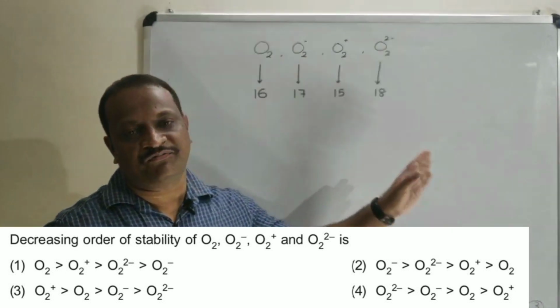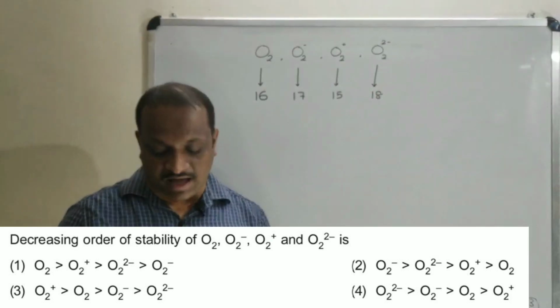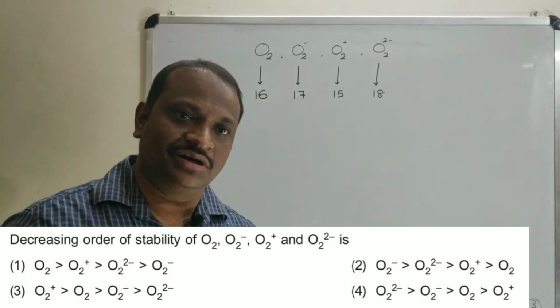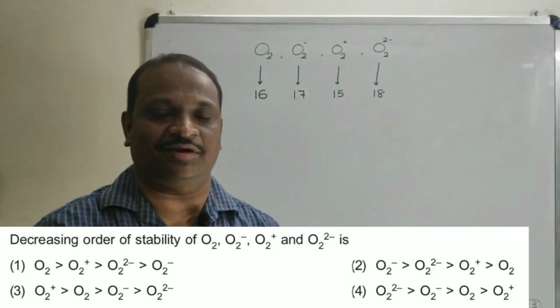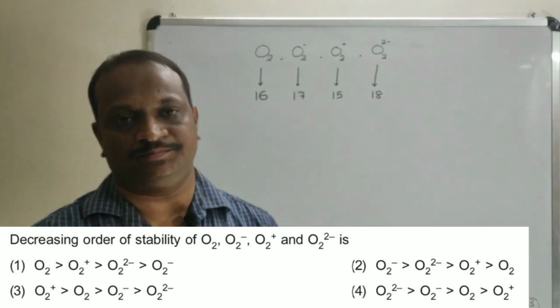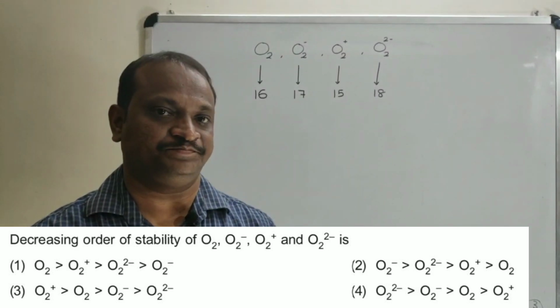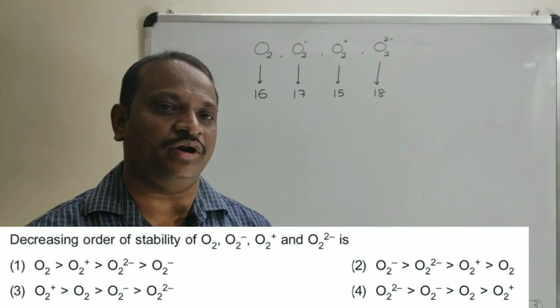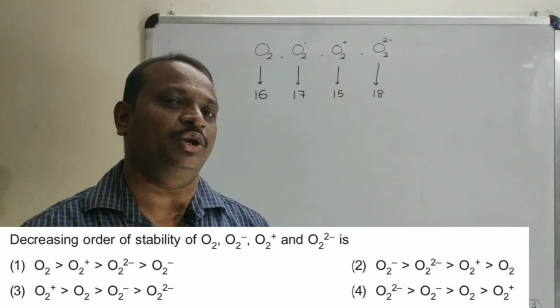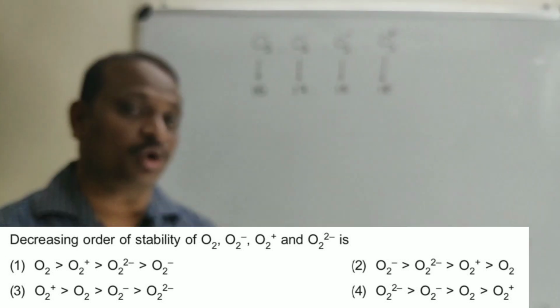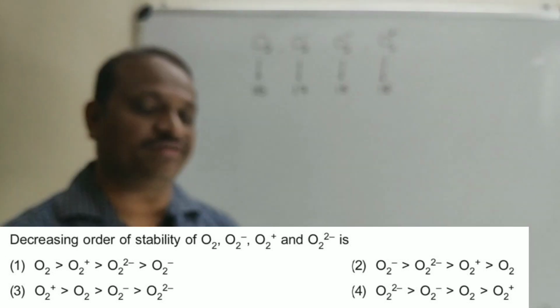So this is the number of electrons present. Here we have a method to solve this. We need not write all the MO concepts, that's not required. We have to consider nitrogen as the basis. Nitrogen bond order is 3 and oxygen bond order is 2.